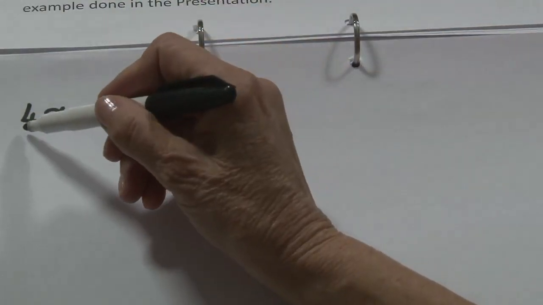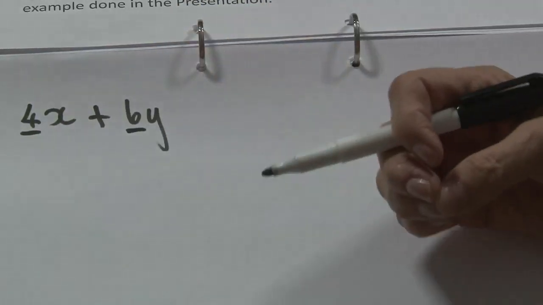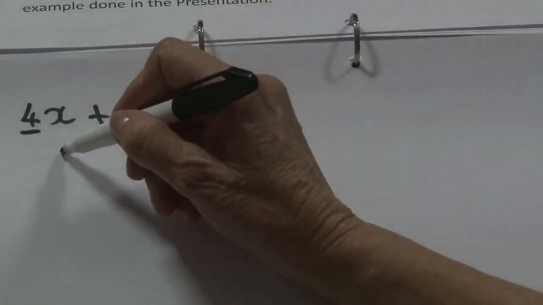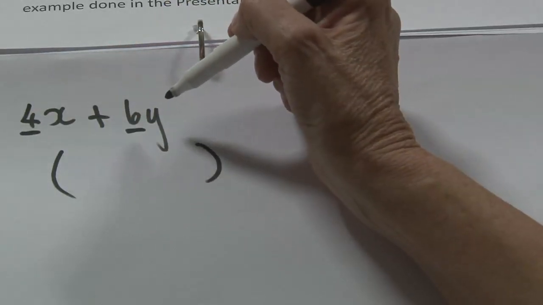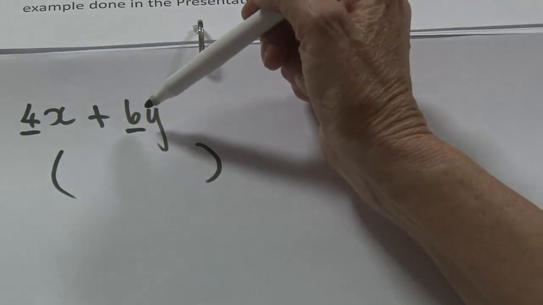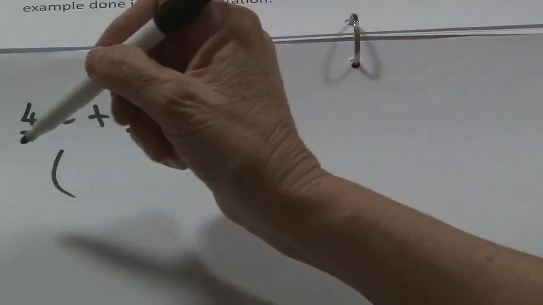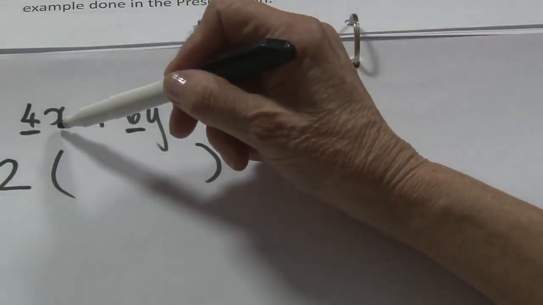I first have a look at my numbers. What is the common factor of 4 and 6? Which number divides exactly into 4 as well as into 6? I use my brackets. Can you see that it is 2? 4 cannot be divided into 6 without a remainder. So the number will be 2. Then I look at the variables.